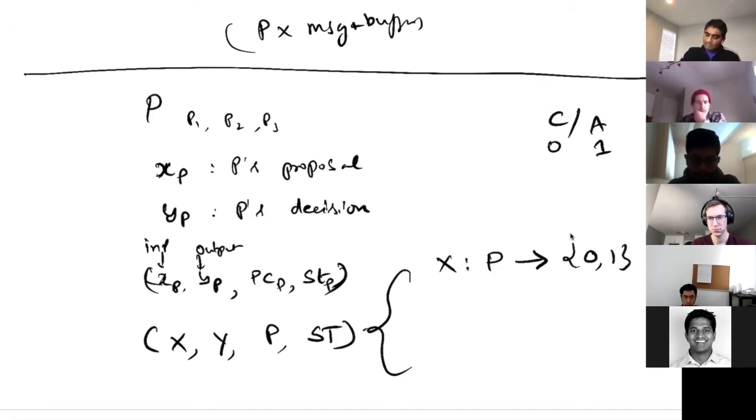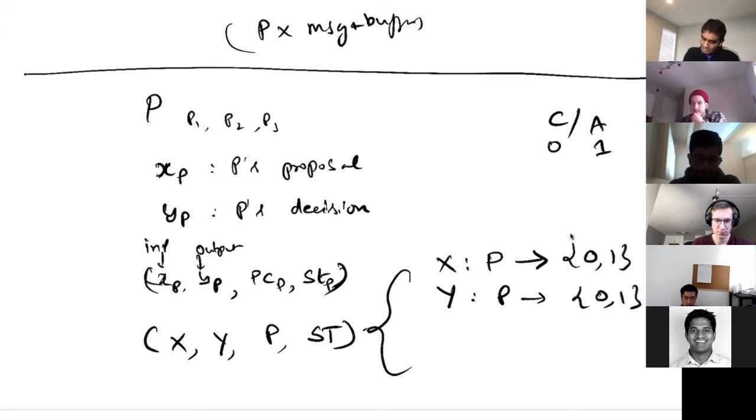So you essentially define the system state as consisting of, let's say, 4 things. First one, X, which maps each process to its proposal value. Y, which maps P to the decision value, right?